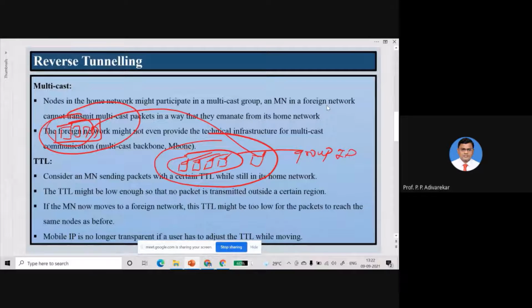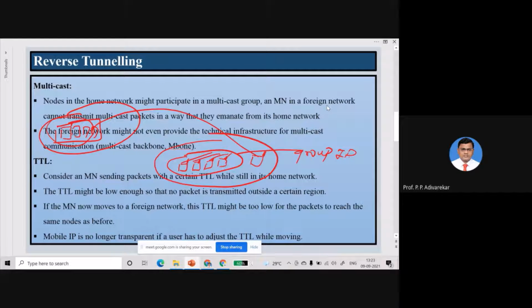through the home network. So in the home network that is not an issue, but when it moves to the foreign network, it does not remain part of a multicast group anymore because of having a topologically incorrect address. Once it moves into the foreign network, it has to acquire a COA.